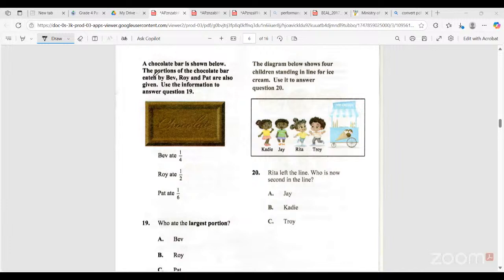I'm seeing Roy, I'm seeing Joy, I'm seeing Pat, I'm seeing Jay. Who ate the largest portion?